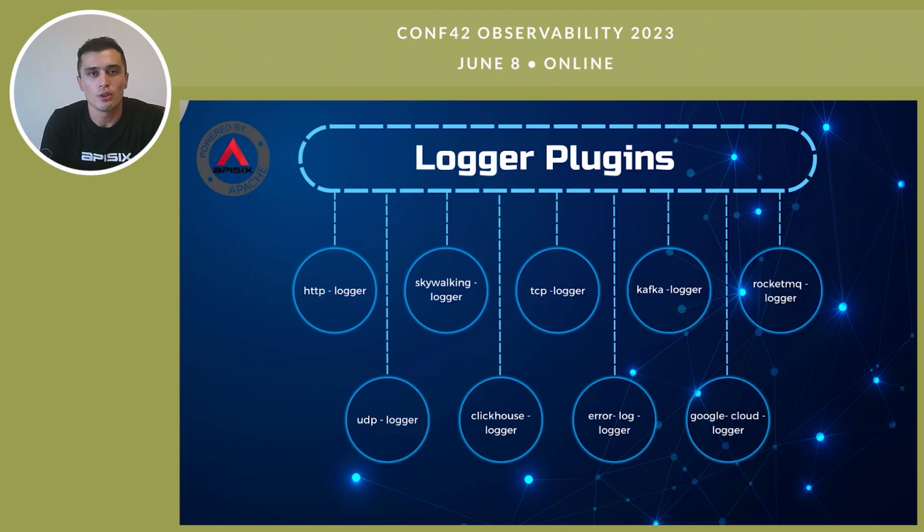Several logging plugins are available, as you can see in the picture, like the HTTP logger and basic logger. We're going to look at some quickly today, or some other loggers you can see on the screen, like the error logger, the Google Cloud logger, and a Kafka logger that collects Kafka event logs and sends them to the Kafka clusters.